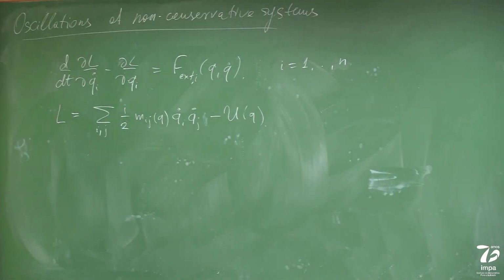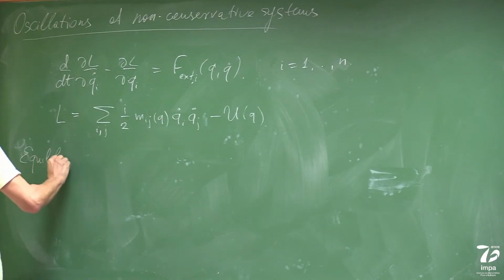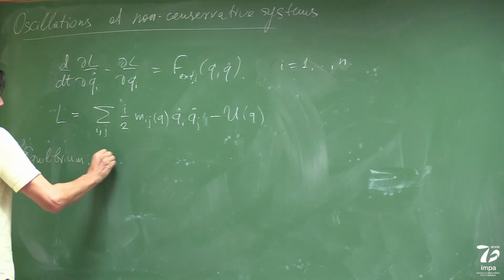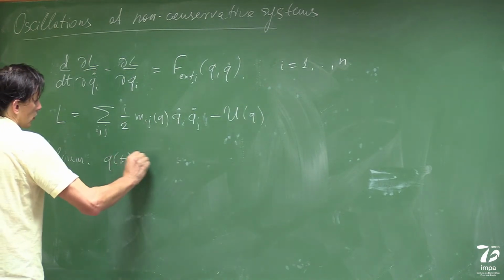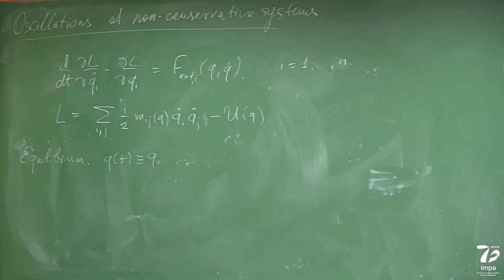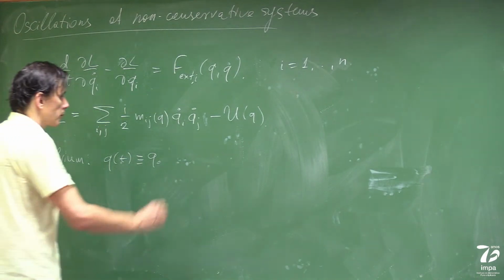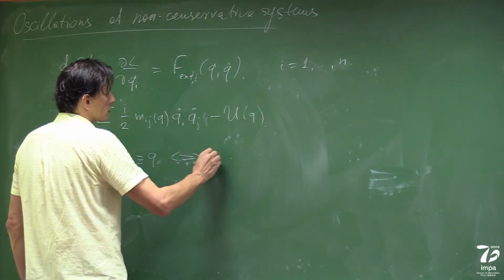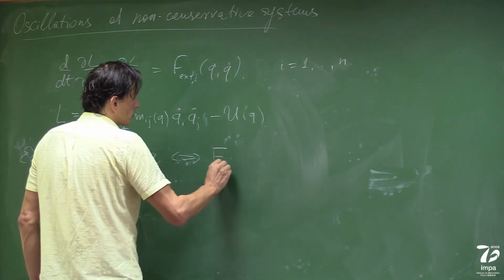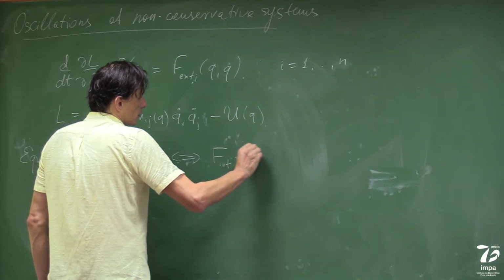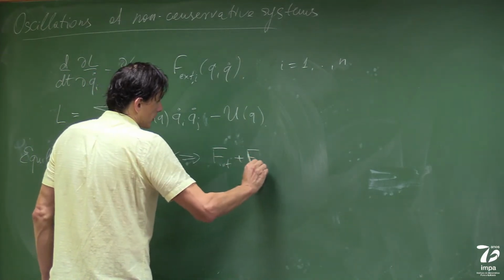And then what we saw is that we can write an equilibrium condition. So an equilibrium solution is a solution which is constant in time, and we saw that the condition for the equilibrium is that the internal forces are equilibrated by external forces.